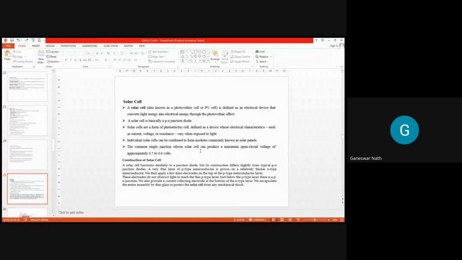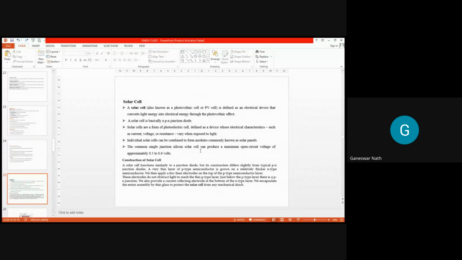You know that solar modules or solar panels are a combination of a large number of these solar cells. Nowadays you are getting solar panels, and a solar panel consists of a large number of solar cells, just like small point-like structures, and within that structure you have both the semiconductors.